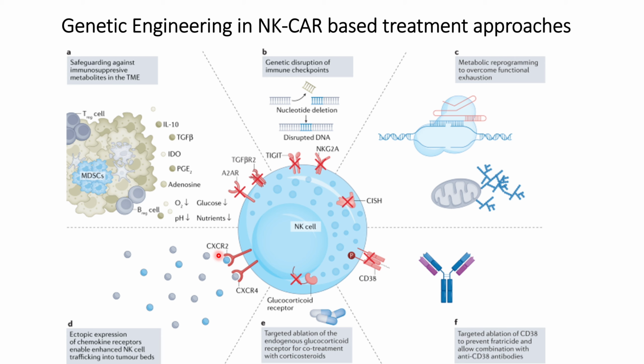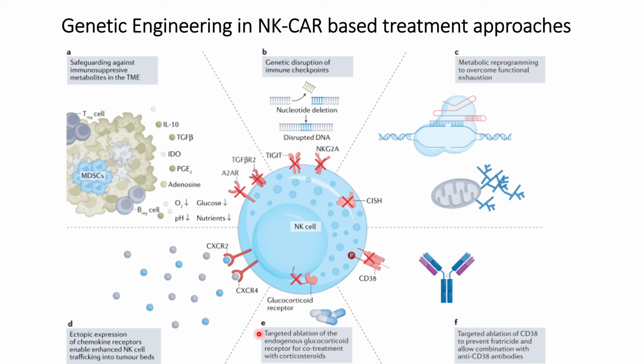Let me re-explain this. By ectopic expression or overexpression of receptors such as CXCR2 and CXCR4, the NK cells become more sensitive to the cytokines that are released in the tumor microenvironment or by nearby tumor cells. And once these NK cells become more sensitive towards those cytokines, they can easily be activated and can generate an immune response against that tumor microenvironment.